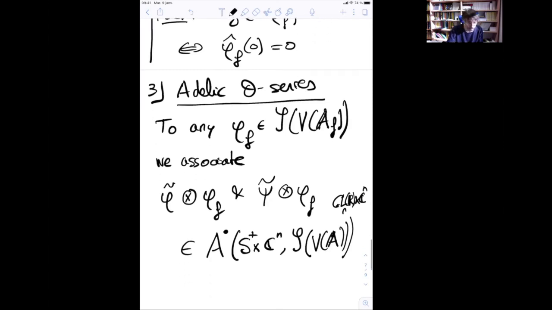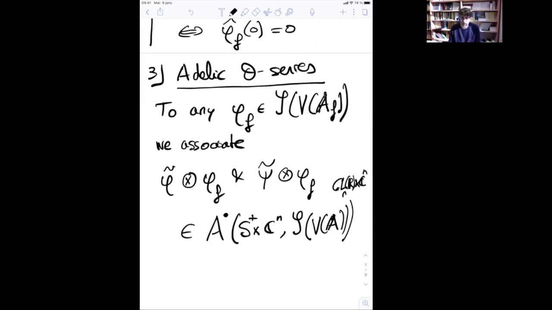So we have this differential form with values in Schwartz function and of respective degree 2n and 2n minus 1. So we have encoded in the Schwartz space all the way with respect to which kind of lattice we want to average our forms.